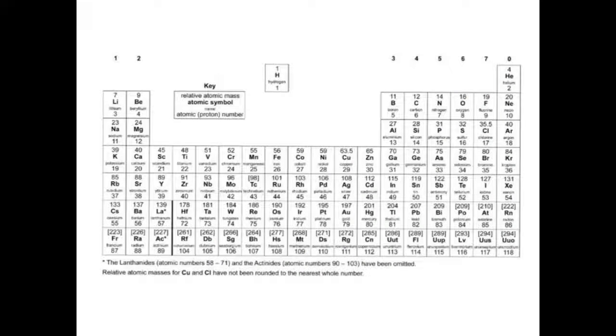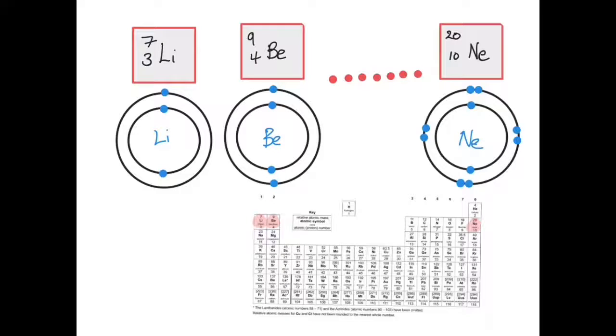Now, the second electron shell can take 8 electrons before it gets full. So lithium has got 1 electron in its second shell. Beryllium has got 4 electrons, and these are arranged 1, 2 in the first shell. There are 2 electrons left.